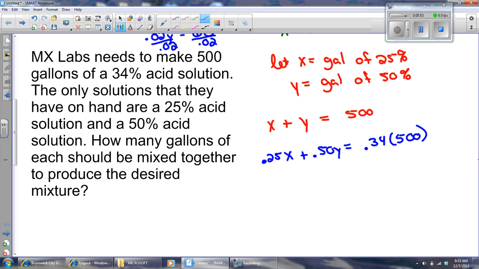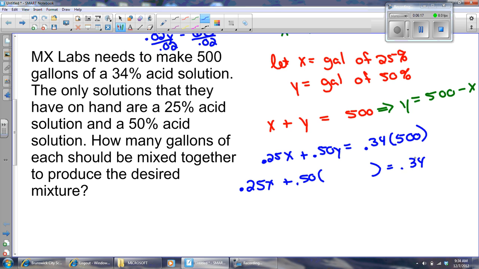Now I'm going to do this one by substitution. And I like to multiply by a half more than I like to multiply by a quarter, so I'm going to solve for y. So y is going to equal 500 minus x. So I'm going to substitute it in: 0.25x plus 0.50 times 500 minus x equals 0.34.